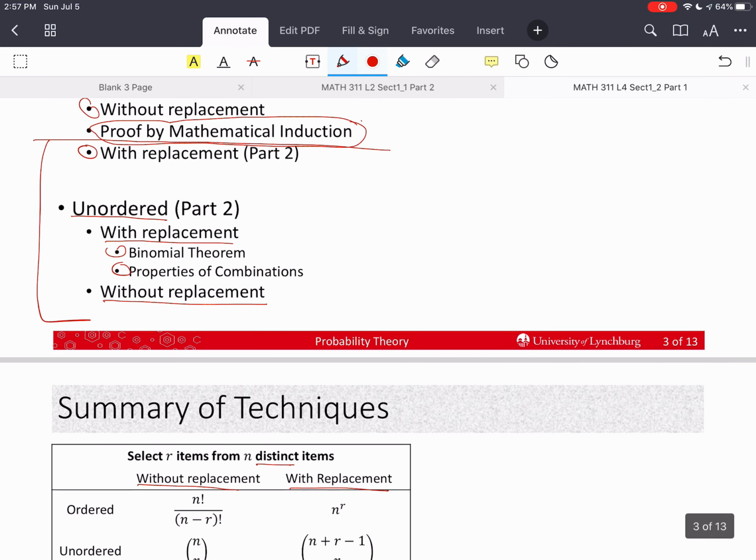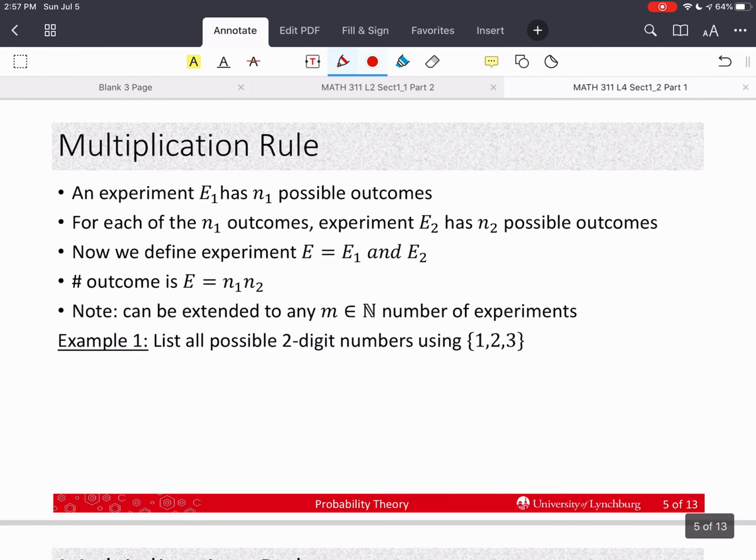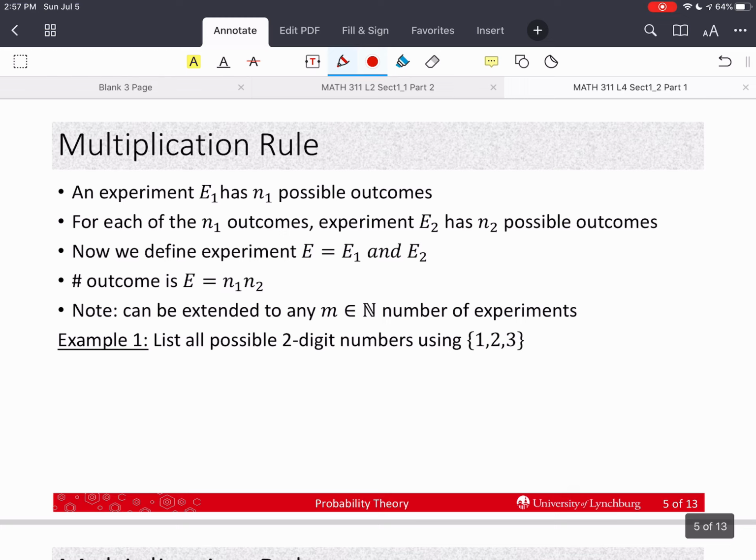And you know what? I've got this mixed up. This is without, and this is with. Okay. So without replacement, we have these different formulas. We'll derive or prove each of them. But everything is set on this multiplication principle or multiplication rule.